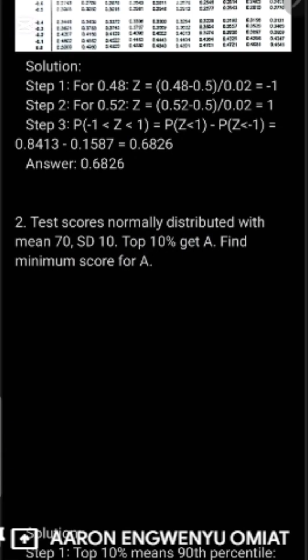The test scores are normally distributed with a mean of 70 and a standard deviation of 10. Top 10% of scores get A. Find the minimum score for A. Banji, you will be taking us through this number 2. What do we do?